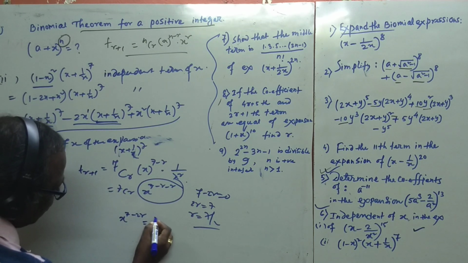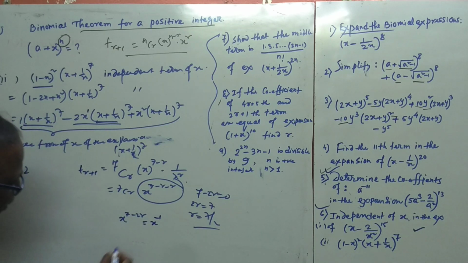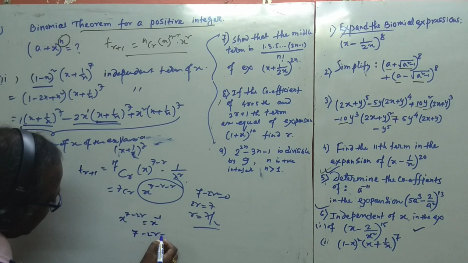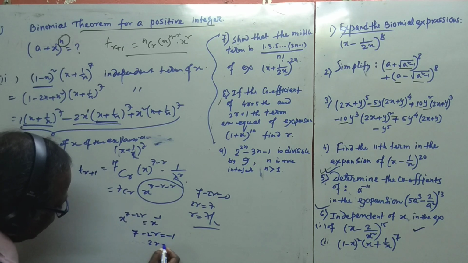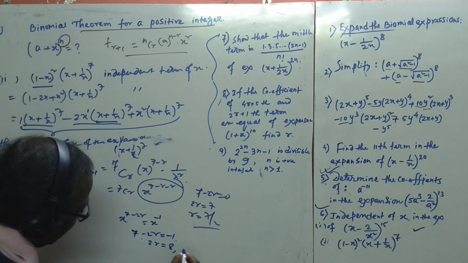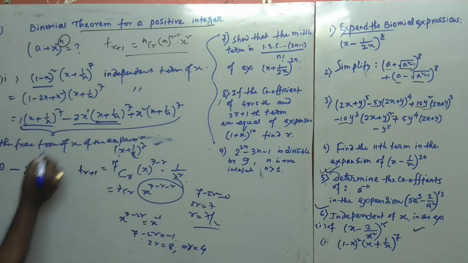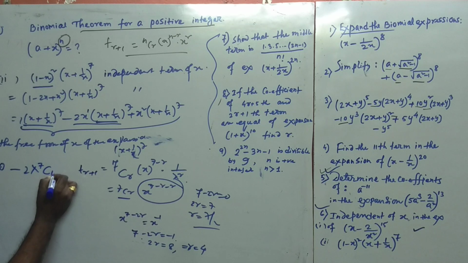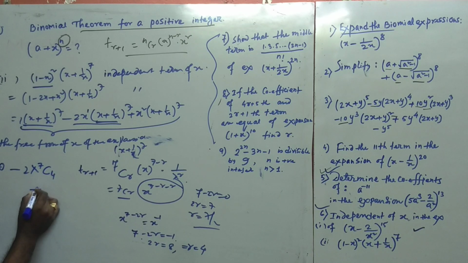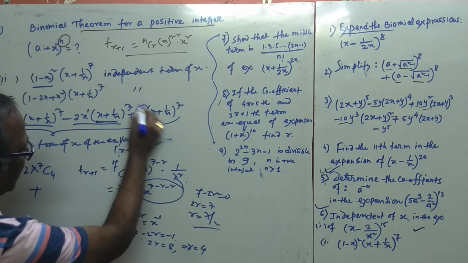So compare with x to the power minus 1. Okay, so 7 minus 2r is equal to minus 1. So 2r is equal to 8 here. So r is equal to 4. So therefore the coefficient here is 7C4. Okay, again there is x square.